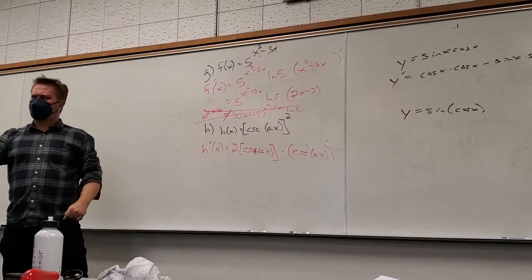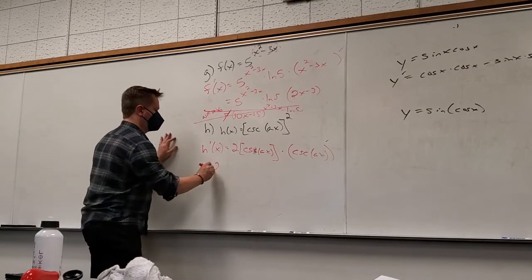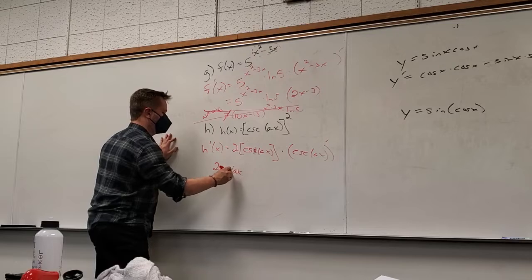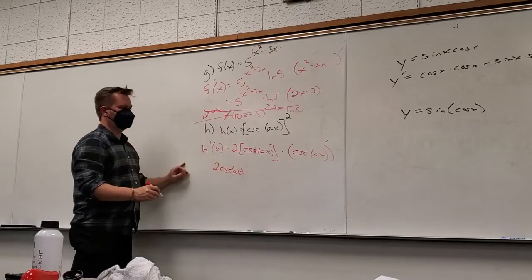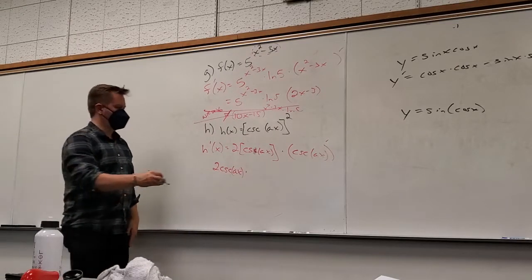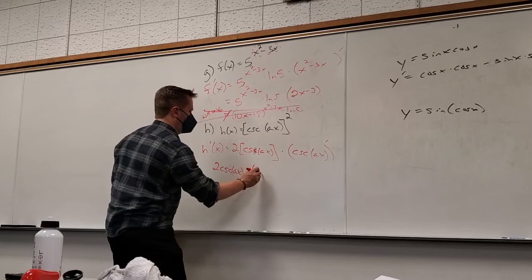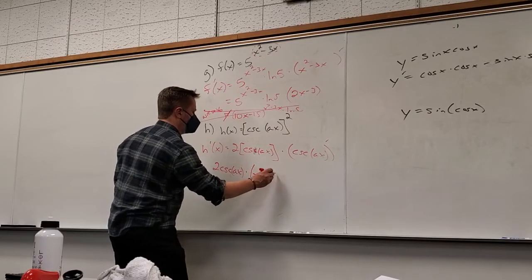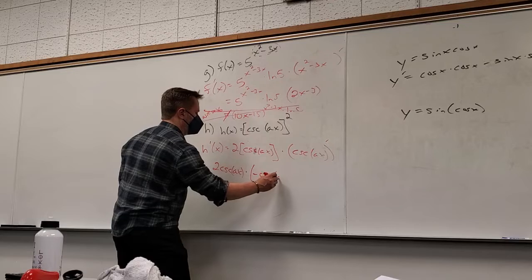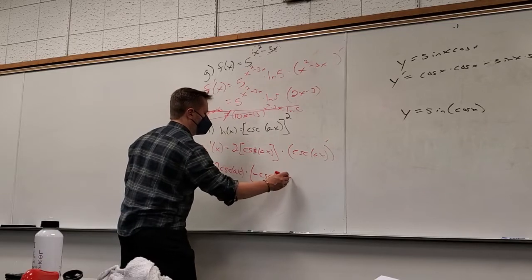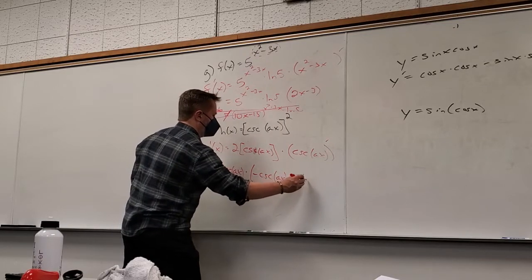Now here's where you got to remember the derivative of cosecant. It's negative cosecant of ax times cotangent of ax.